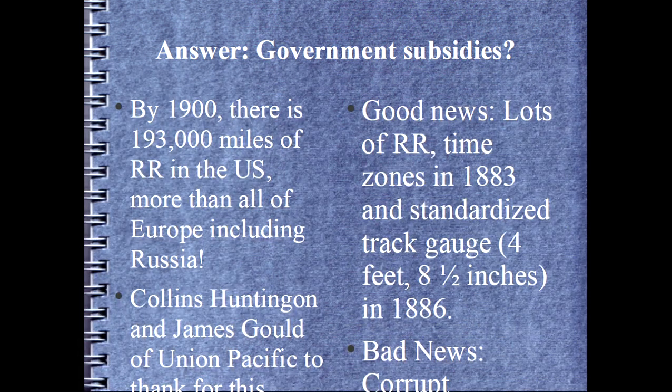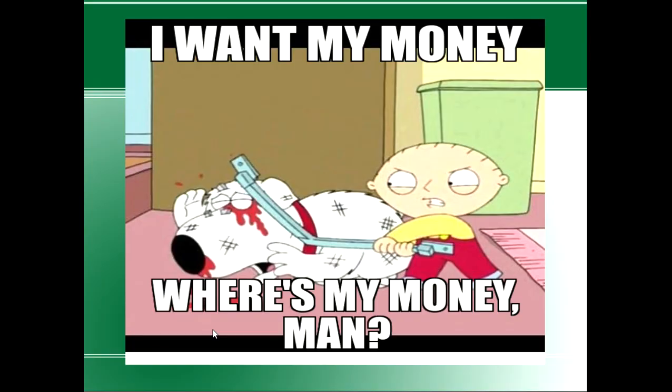What are these questions? All boils down to this. I want my money. Where's my money? Because if they can't find the money, you're going to prison. And it's the late 19th century. Or you end up working on that railroad for free. And believe me, it's bad enough working when they pay you for it. The lesson here is don't steal.